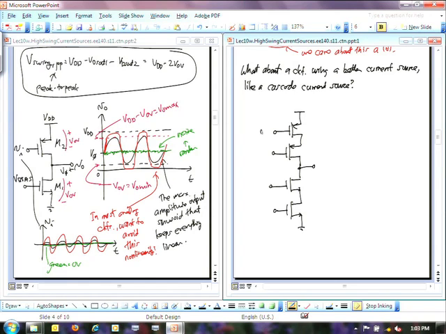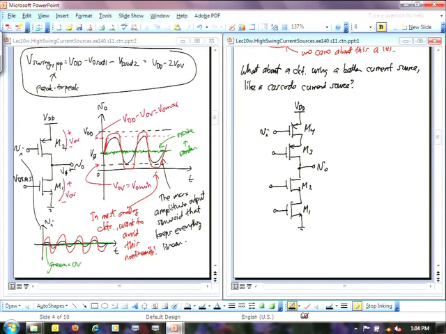So this will be our input here. That's VDD. This is our output there. Let's call that M1, M2, M3, and M4.